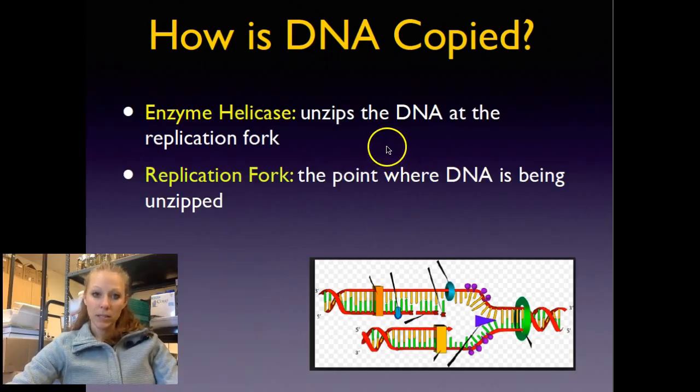So enzyme helicase is the enzyme that does the job of splitting open DNA at the weak hydrogen bonds. Remember that enzymes are proteins that have a job, and they tend to end with the letters A-S-E. So enzyme helicase unzips the DNA, and it's represented by this purple triangle right here.